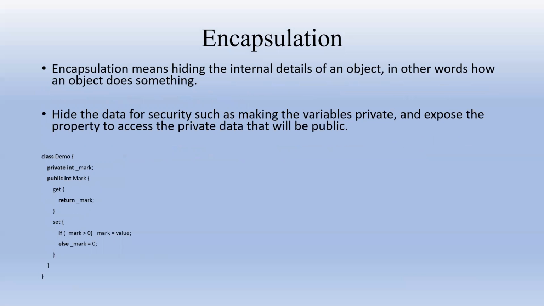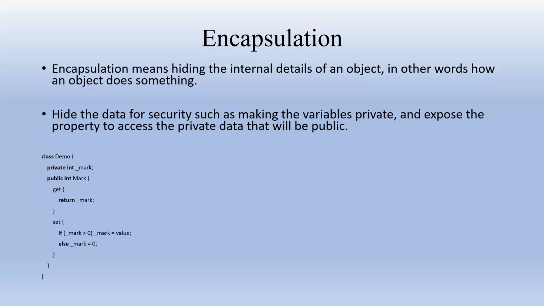Encapsulation is used when we want to hide the internal details of an object from the user. Basically we hide the data for security, such as by making variables private and exposing public properties to access the private variable outside that class.